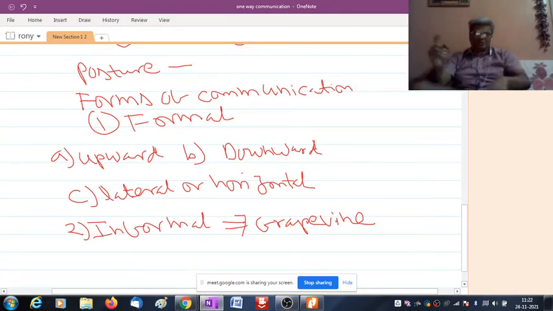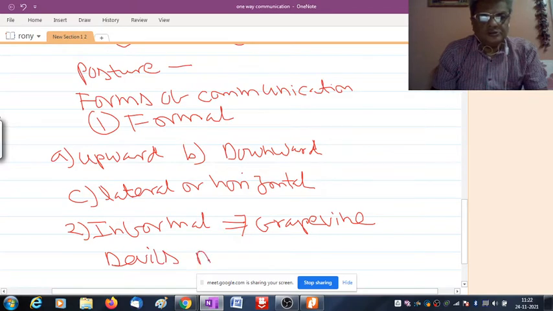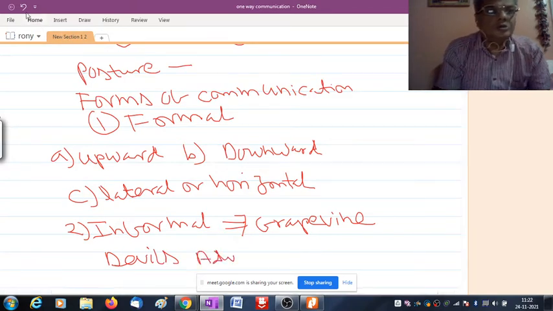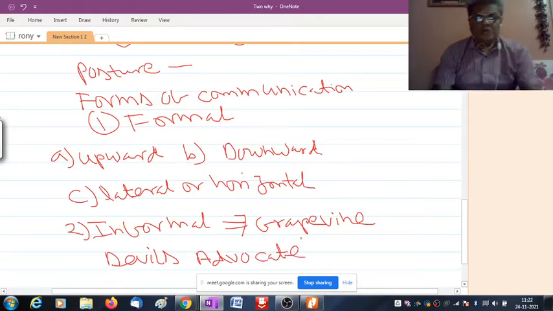The term people sometimes use is devil's advocate. Are you aware of this term, devil's advocate?